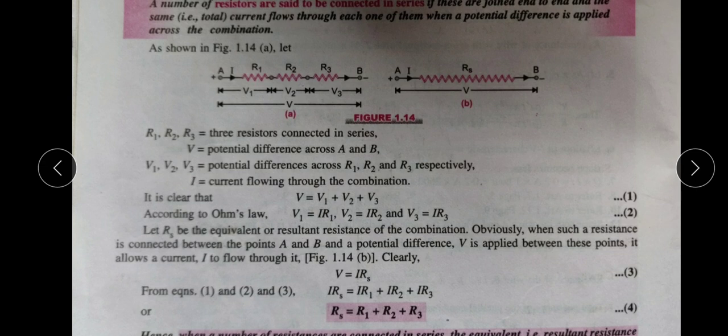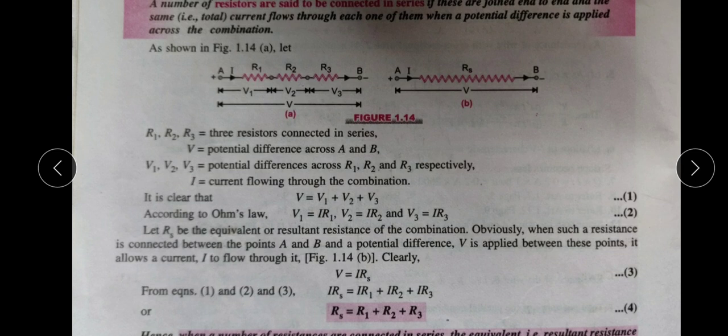The next step, the potential difference across resistor R3, that is V3, is equal to I into R3. Clear? That is V1 is equal to I into R1, V2 is equal to I into R2, and V3 is equal to I into R3.